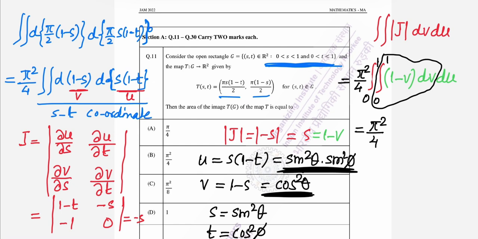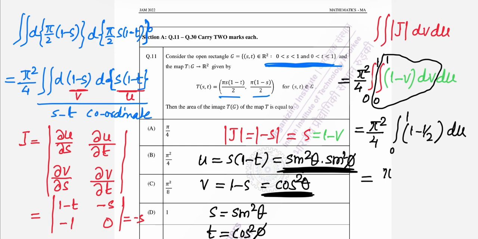This is the outer integration sign, and the value of the integral inside the black enclosure will be 1 minus 1 by 2, and it remains du.